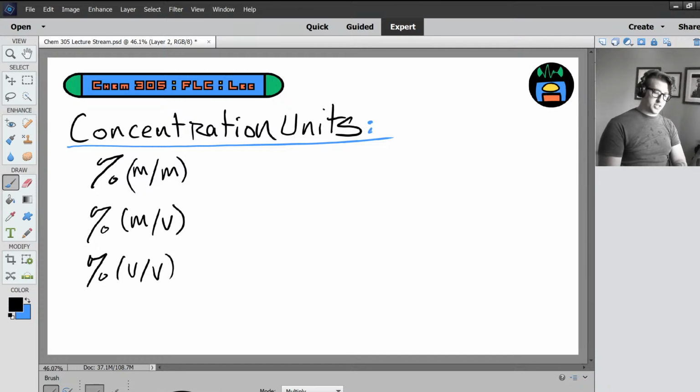These are the three concentration units. So we've learned all three of these.